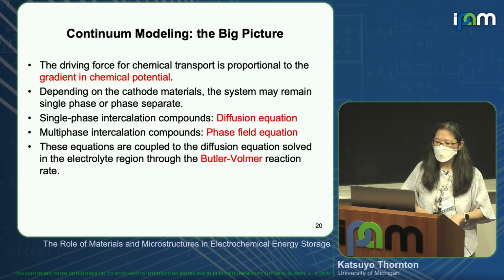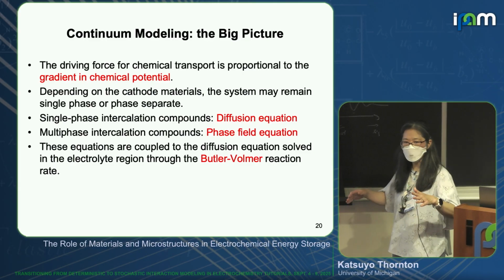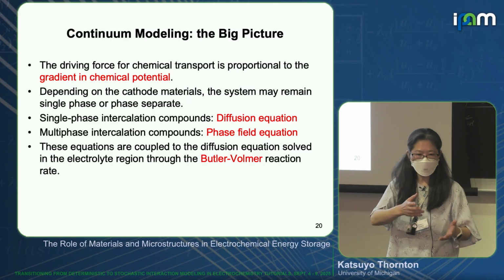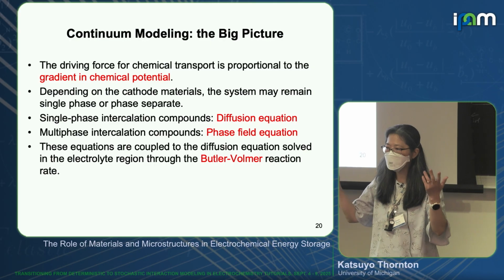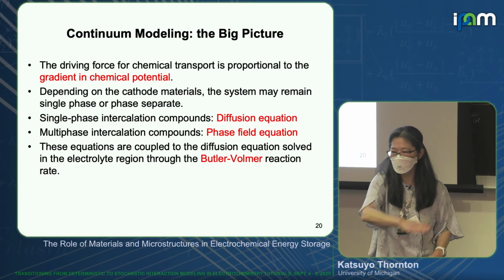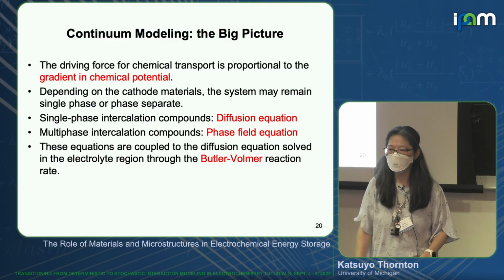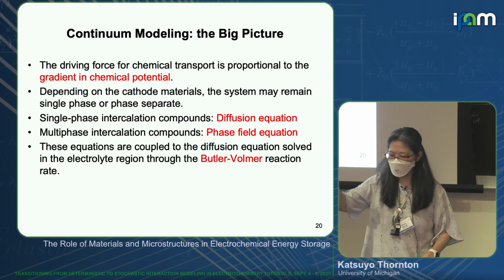Depending on the cathode material, the system can be a single phase material or a multi-phase material. Just like I already talked about spinel decomposition, at higher temperature it could be single phase. So the free energy looks like this, and chemical potential is just the slope of this free energy function.